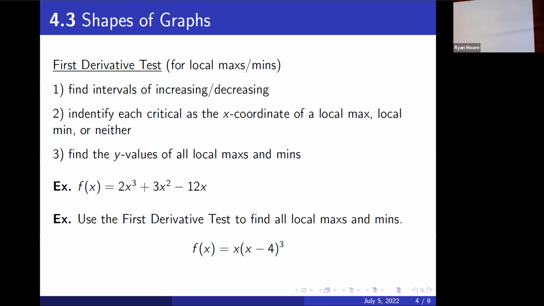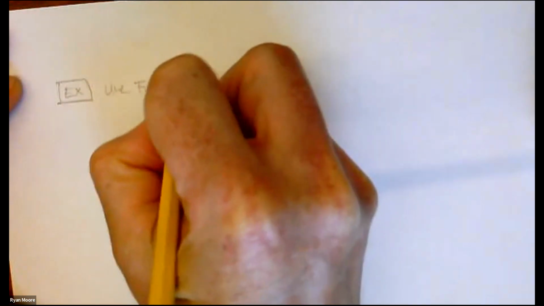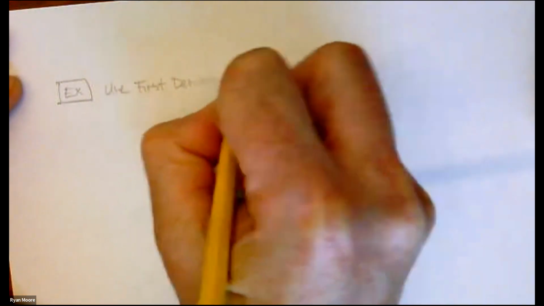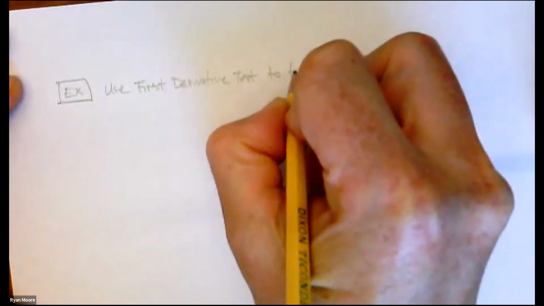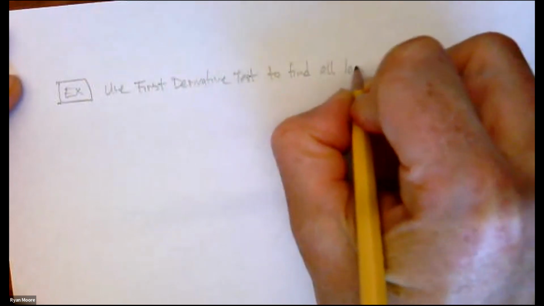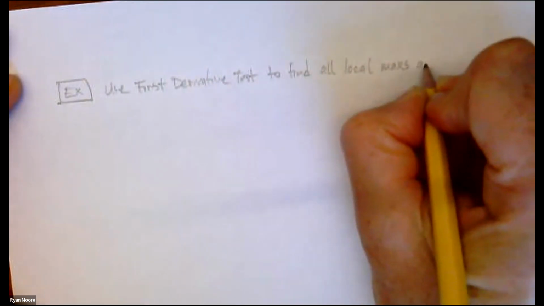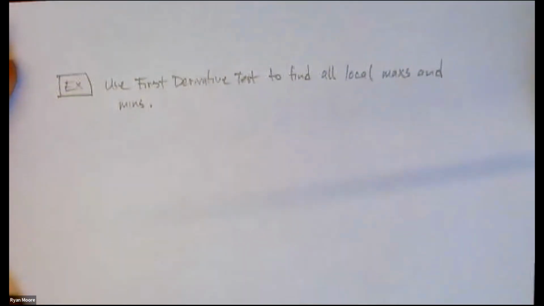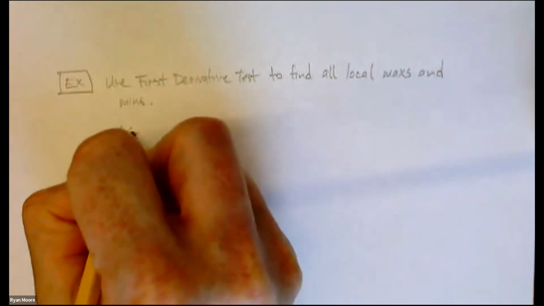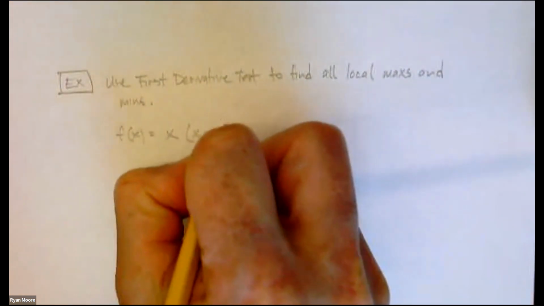Use the first derivative test to find all local maxes and mins for f of x equals x times x minus 4 to the third.